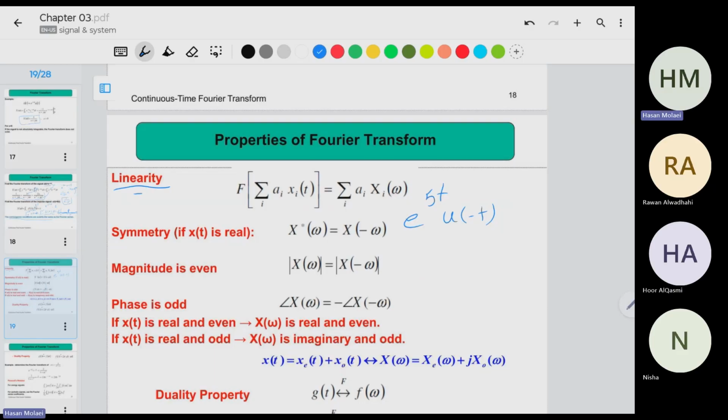How do you find it? We just know the relationship. U minus t is defined exactly as the integral of e to power of 5t e to power of minus j omega t dt.